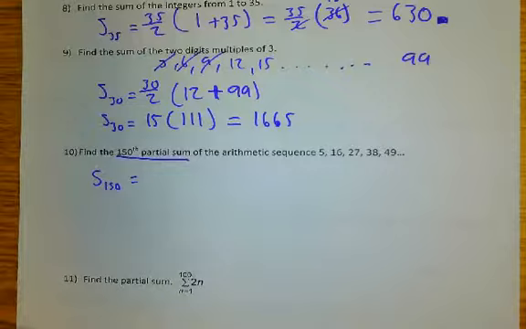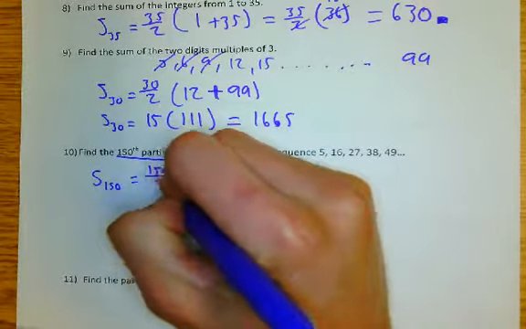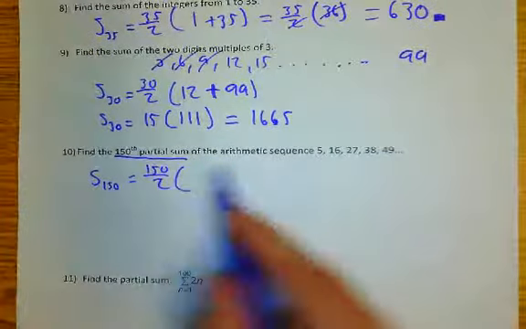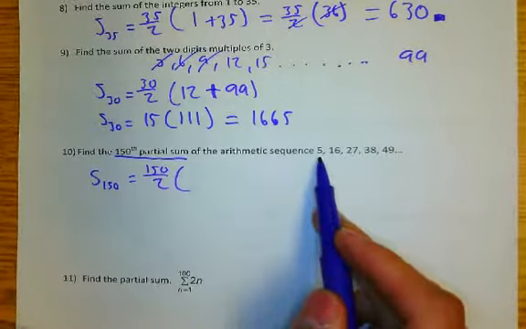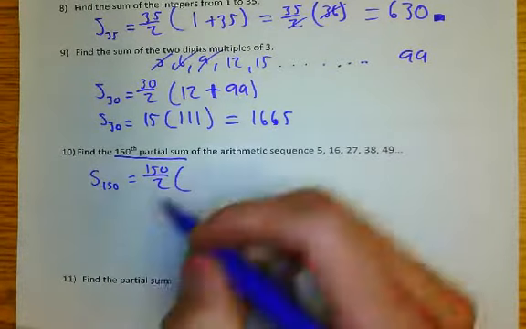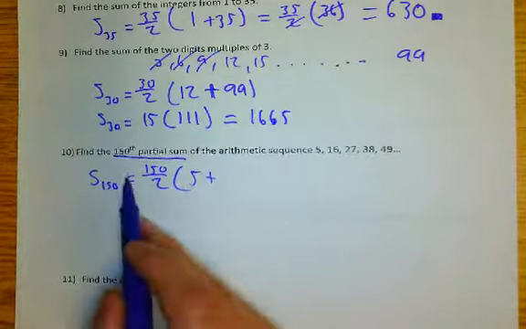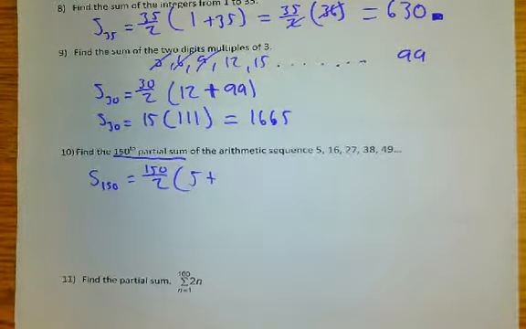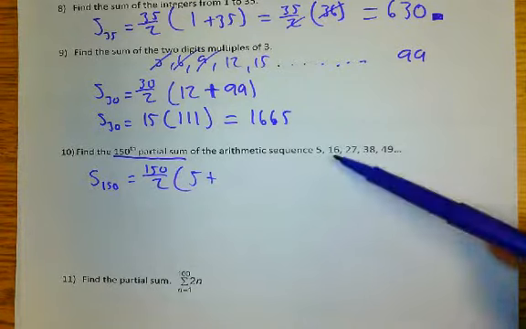Do not try to figure it out by adding until you get to the 150th term. That's going to take you the entire test. If you do that, I'll have fun watching. I'll time it.